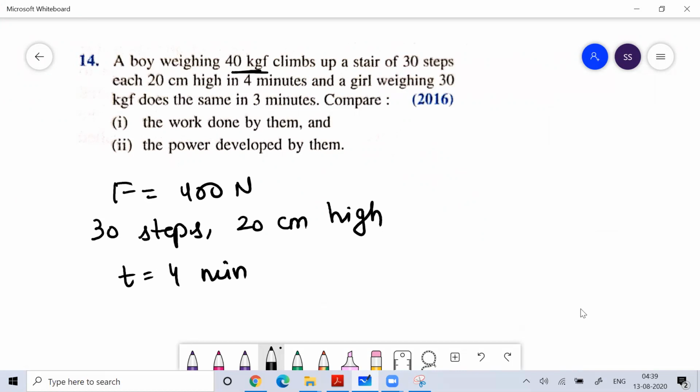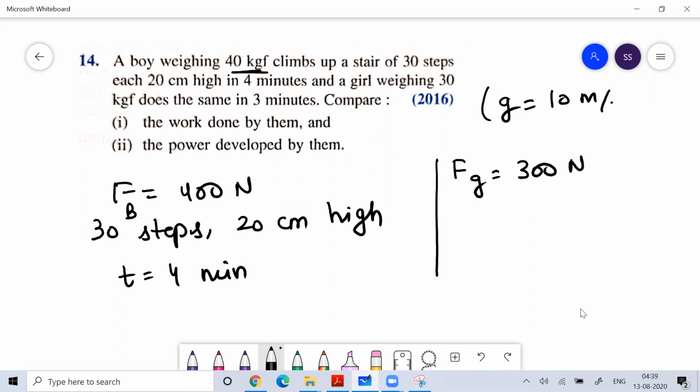And a girl weighing 30 kgf, so the force exerted by the girl is 300 Newton. Here I'm assuming g is equal to 10 meter per second square. She does the same in 3 minutes.